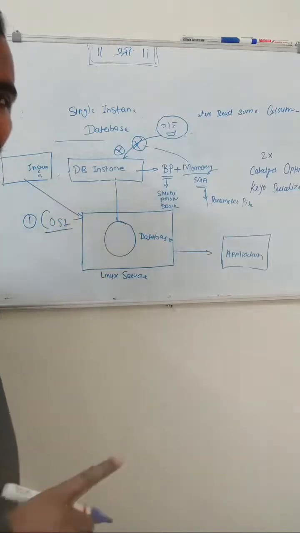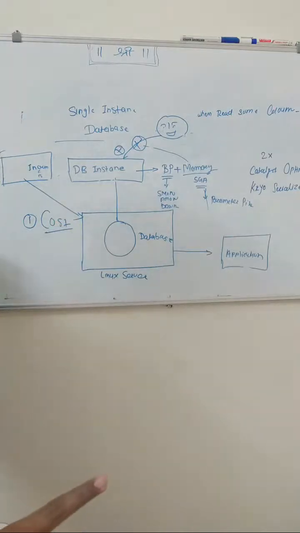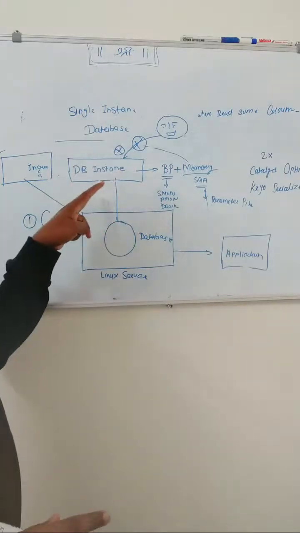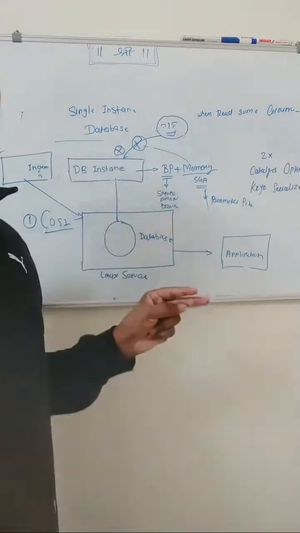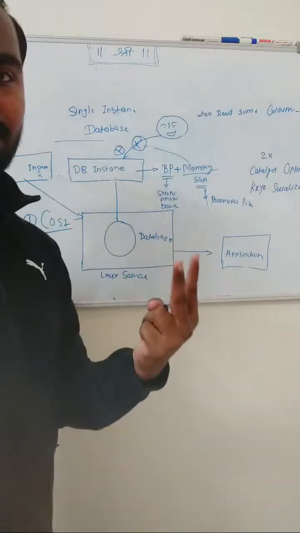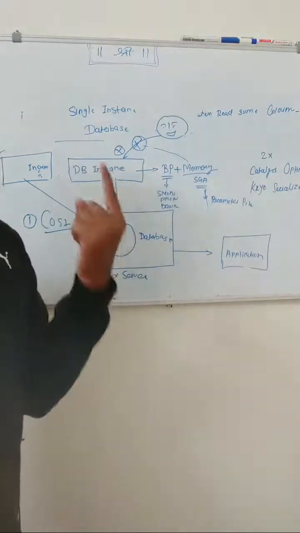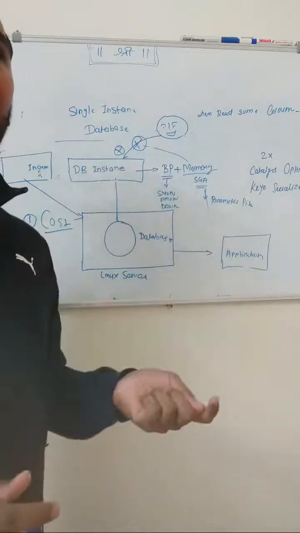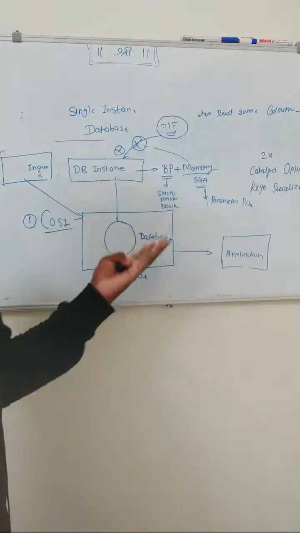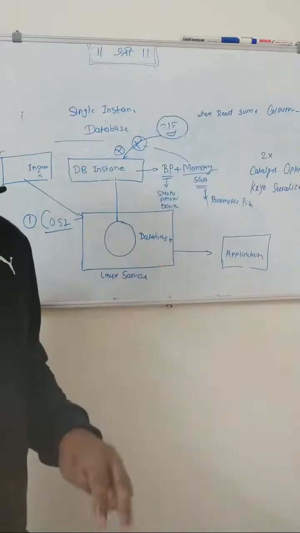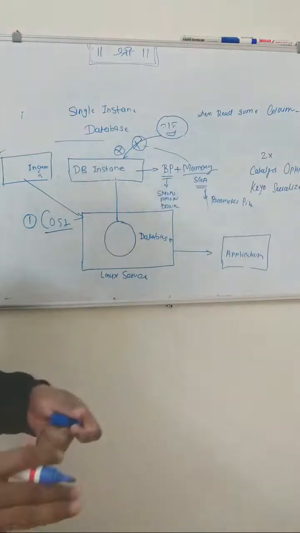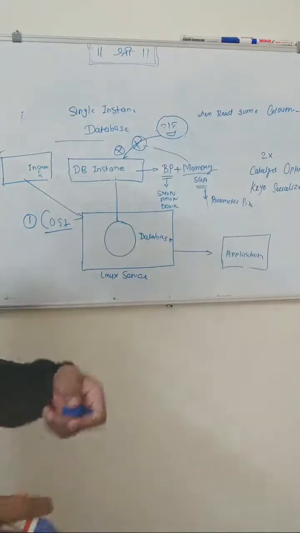For one database or one application, you are using two servers. If the revenue of that application is very good, then you can easily set up two servers for a single application. But if the revenue is not that good, then you will think about it, right? This is how the client thinks.